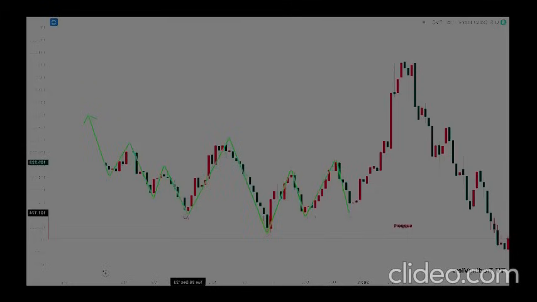So here the market made a minor channel or minor trend inside this single trend.